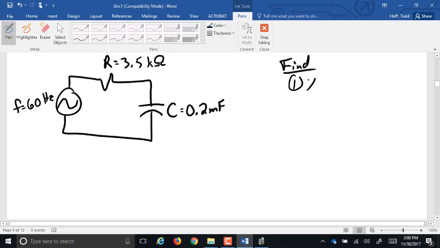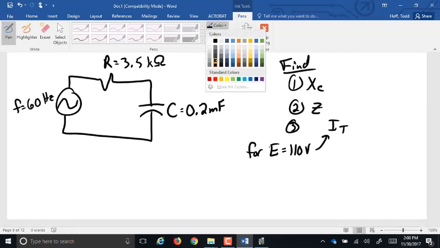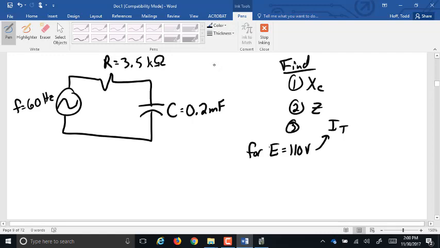Find capacitive reactance, total impedance, and for a voltage of 110 volts, find the total current. Got it all down?